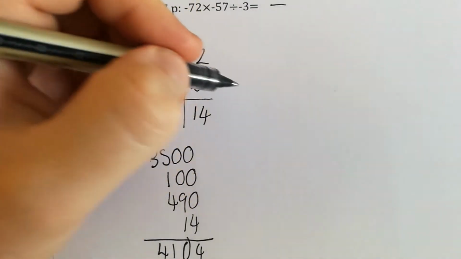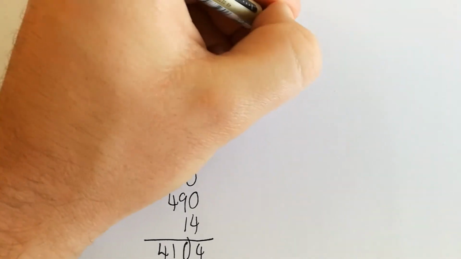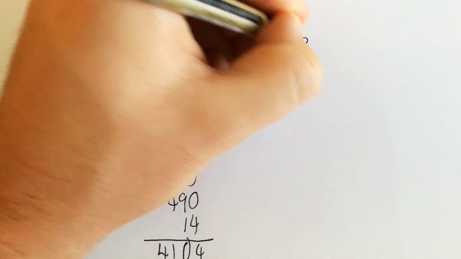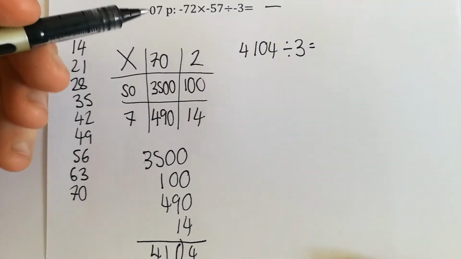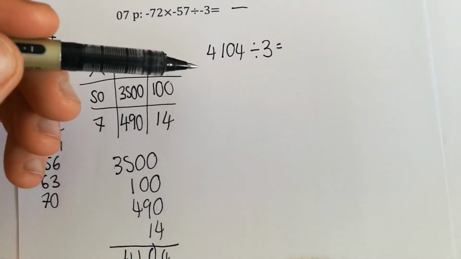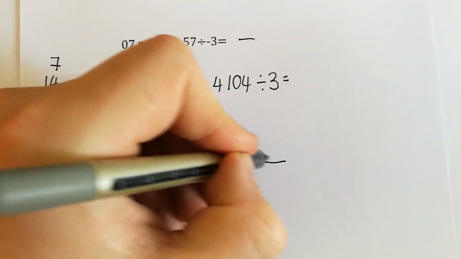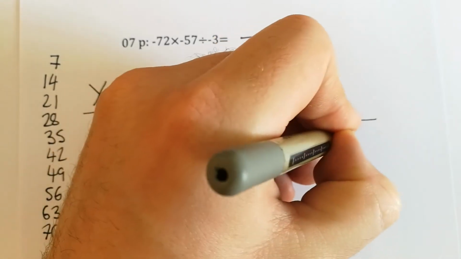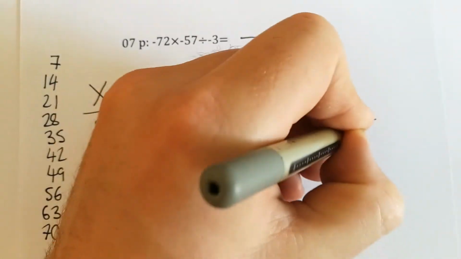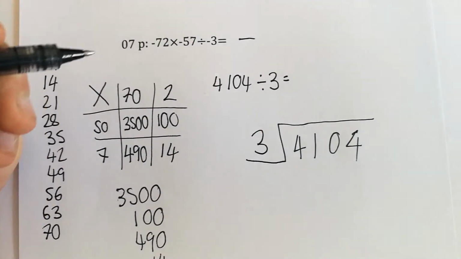We then need to divide, so you've got 4,104 divided by 3. So let's move it up, and then we can use our bus stop method. 4,104 divided by 3.